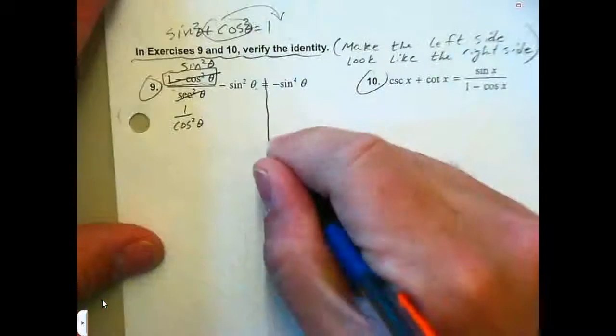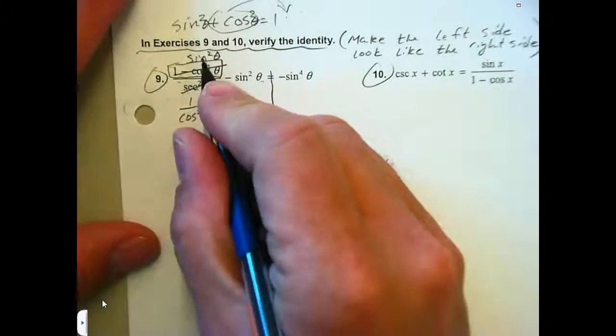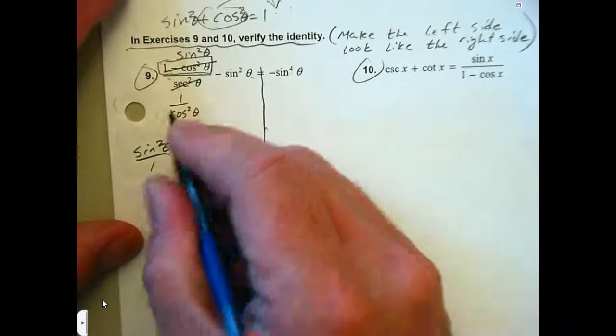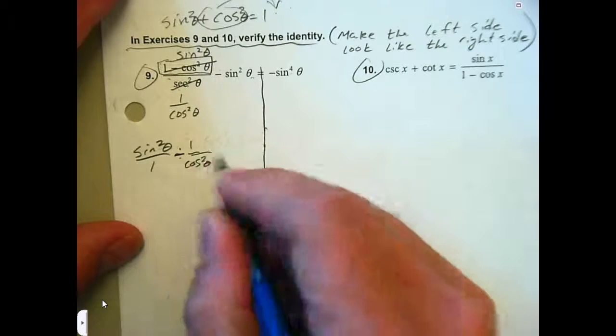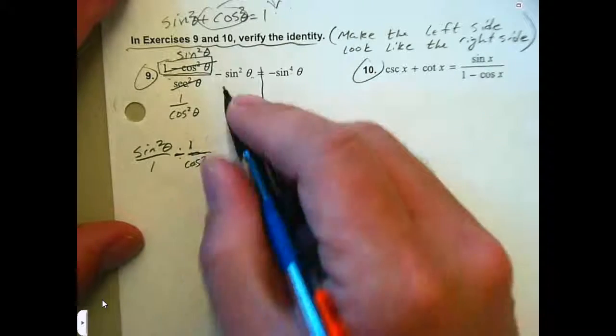So let's make sure everyone's clear what I just did there. When I take sine squared theta, like what we worked on in the previous problem, put it over 1 and divide that by 1 over cos squared theta, you have to get in the habit of thinking, I'm going to multiply by the reciprocal.